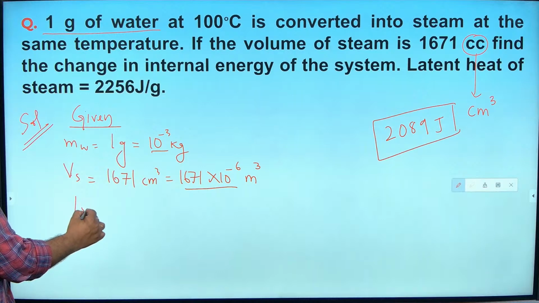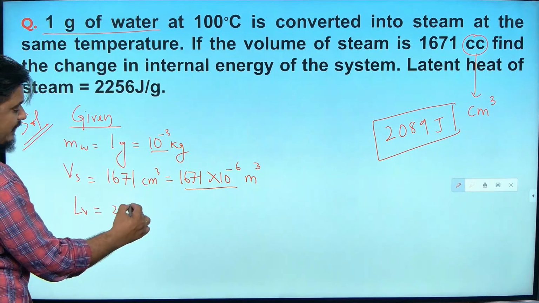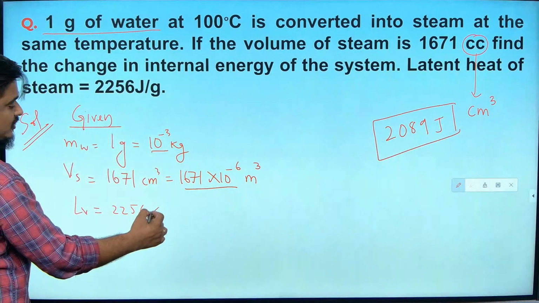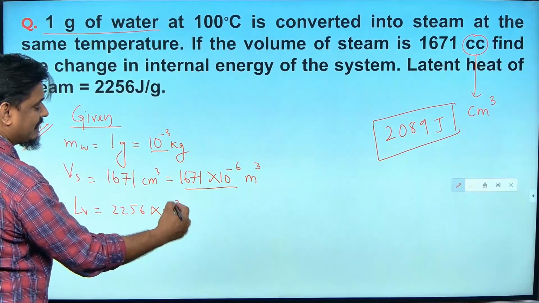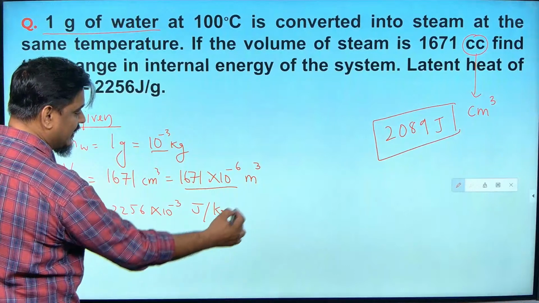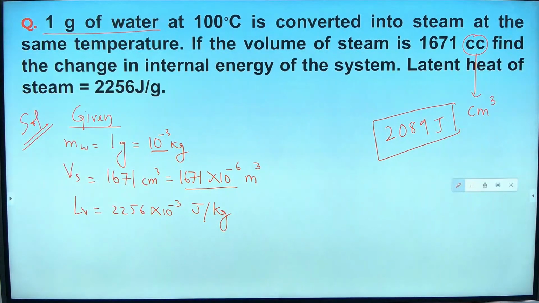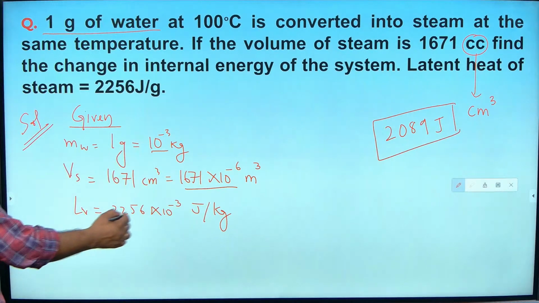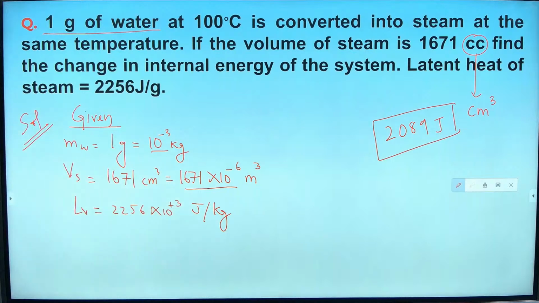Okay, Lv is given, 2256 joule per gram. I am converting it to joule per kg. 10 to the power minus 3 will come. Sorry, plus 3 only it will become, because it is in the denominator. Fine. Anything else given, Leah Varshini?